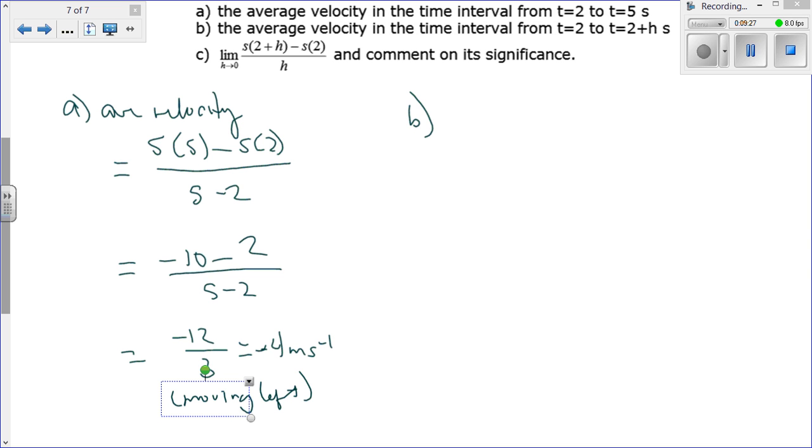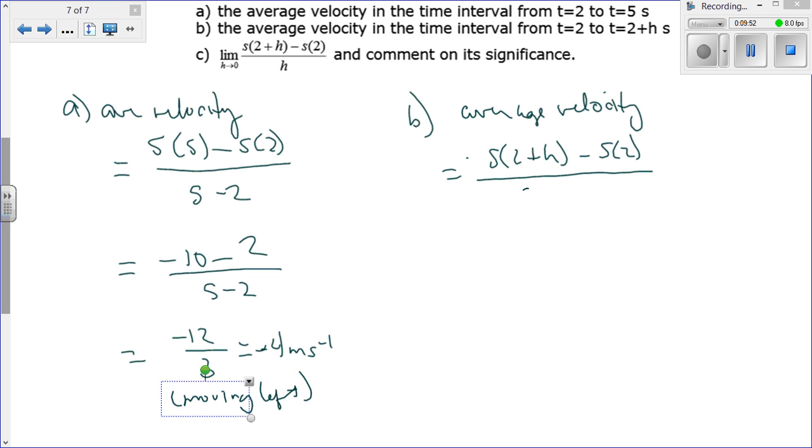Part B, we're still finding the average velocity, so we're still using our slope formula. For this one, we're going to use s of 2 plus h minus s of 2 all over 2 plus h minus 2.